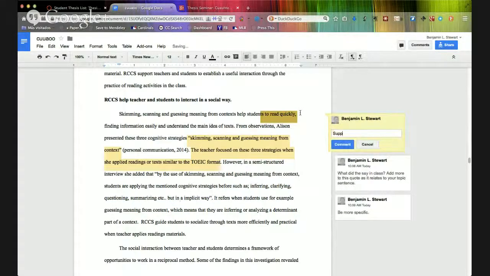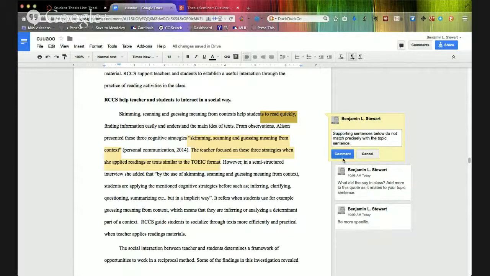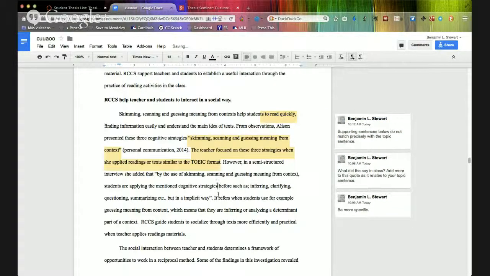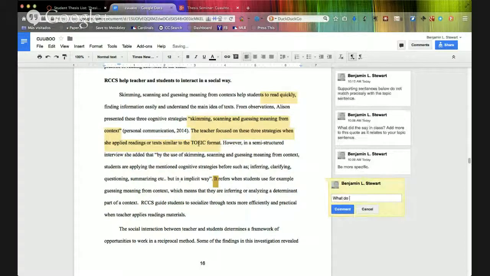So it refers when students, voy a empezar, pues quitaré, dice que, ¿qué quieres decir ahí?